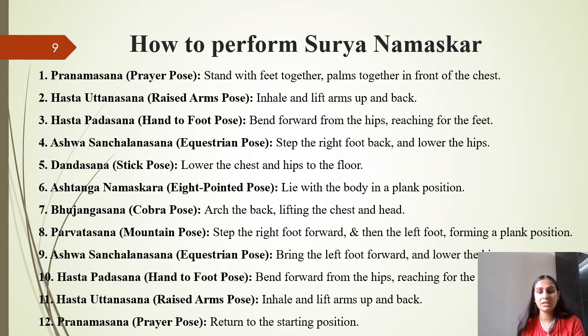Bend forward from the hips, reaching for the feet. Hasta Uttanasana, raised arm pose. Inhale and lift arms up and back. Pranamasana, prayer pose. Return to the starting position, like you start with this position and you end with this position.